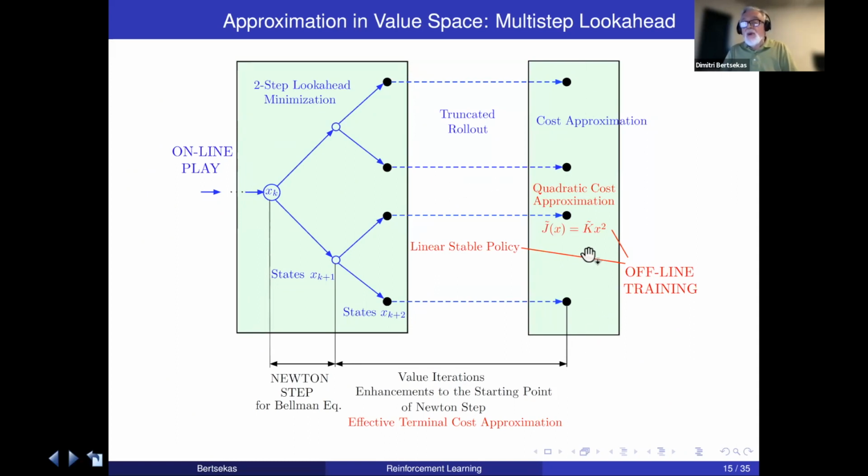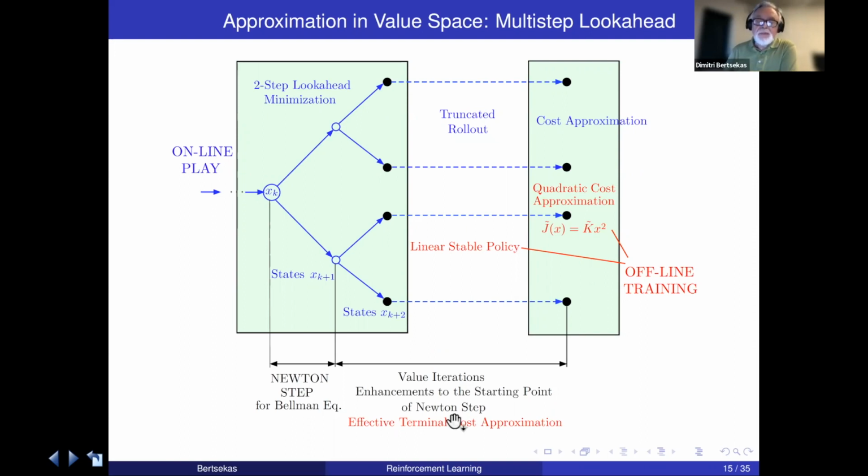And at the end, we have a quadratic cost function approximation. So if this part here would not exist, then you would have approximation in value space with 1 step look ahead, the picture we gave earlier. Now it's more complicated because of the extra look ahead minimization and also truncated rollout.